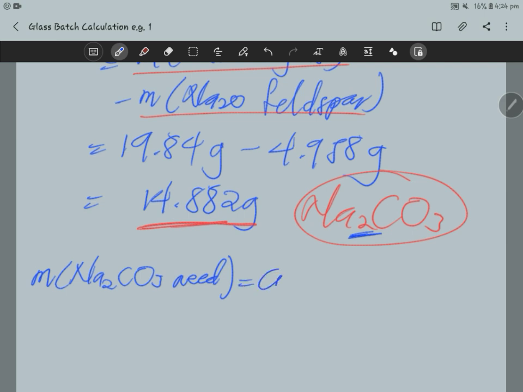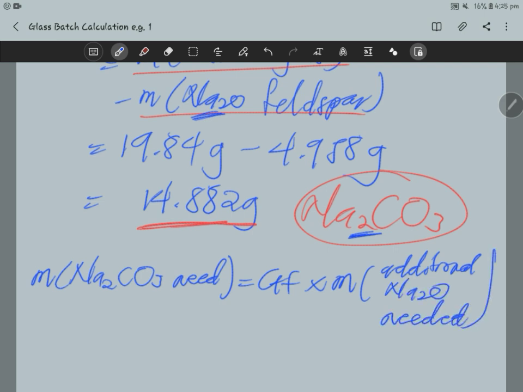It's the same as the gravimetric factor times the mass of the component we are looking for, which is Na2O, not just from anywhere, the additional Na2O needed, right? So let me write this out so we understand it. Mass of additional Na2O needed. That's what we need, so that's how we are going to do it.